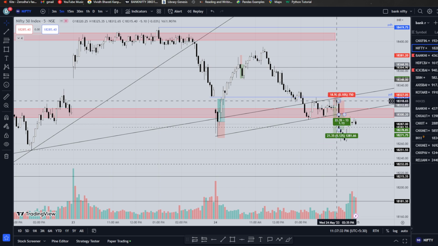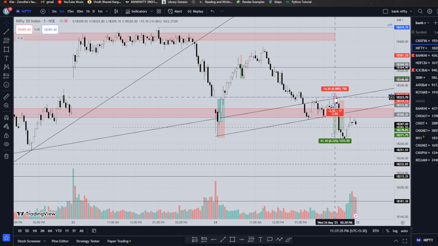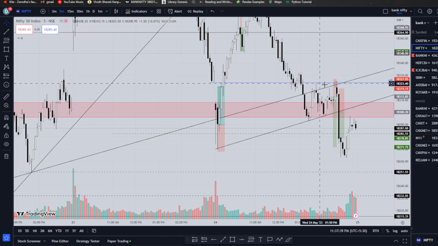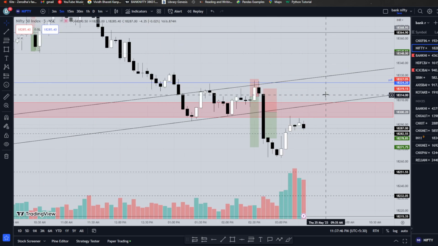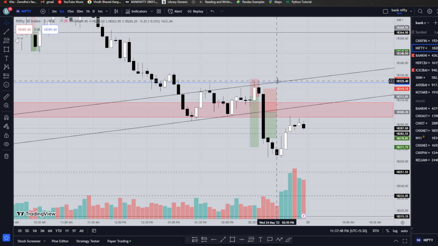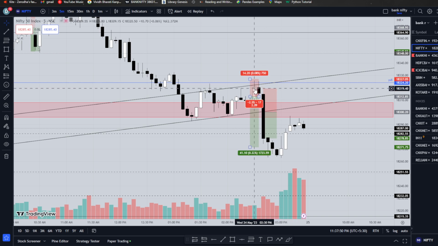So it went up. I took an entry over here. I kept the SL above the previous two highs actually, and it still went on to break this, and I exited as soon as it broke. If I had waited till the candle close, I would definitely not have exited.